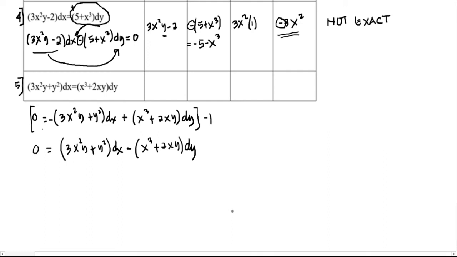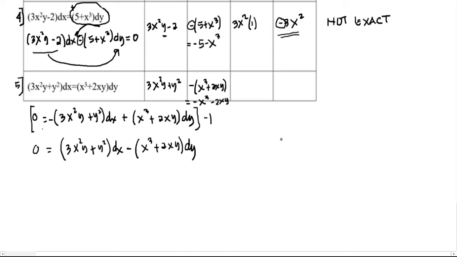From this equation, we can now proceed identifying the value for m. Our m is 3x squared y plus y squared. Then, our value for n is negative x cubed plus 2xy. Then let's remove the parentheses. So you have here negative x cubed minus 2xy.